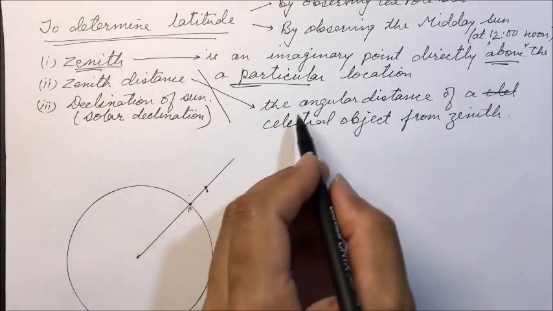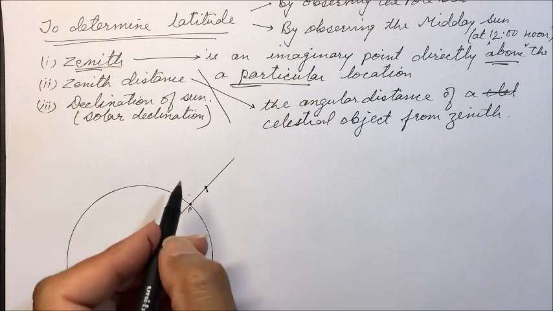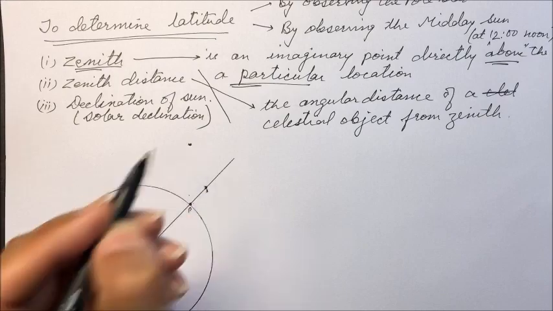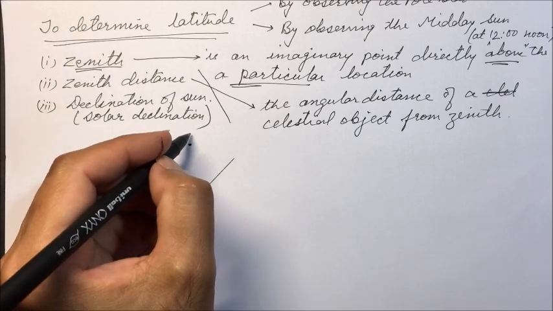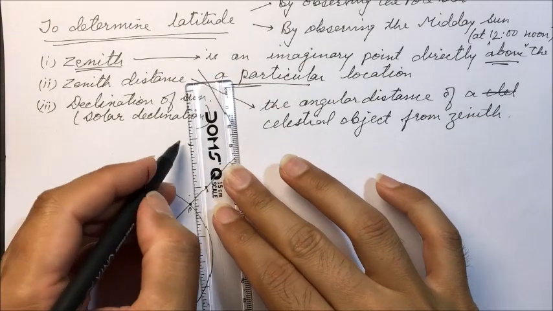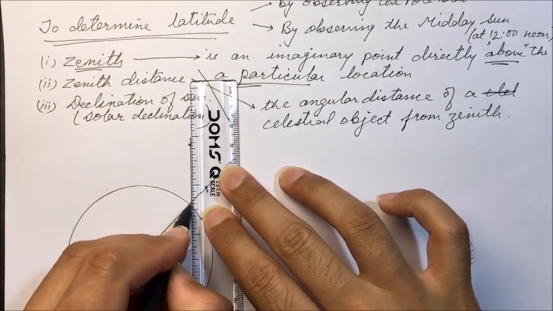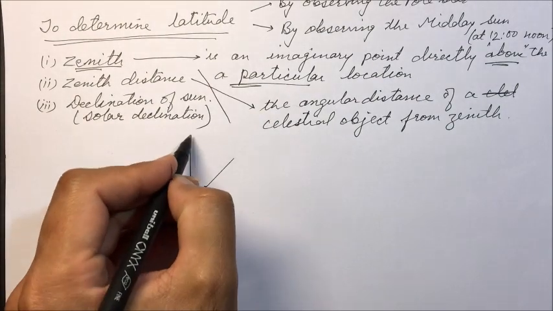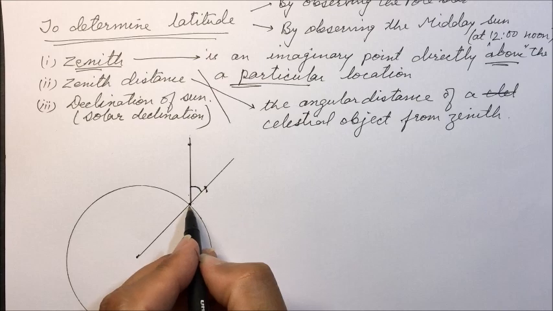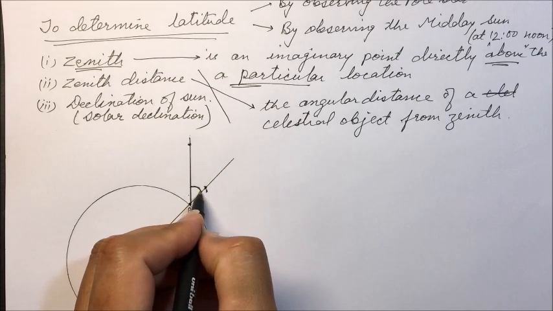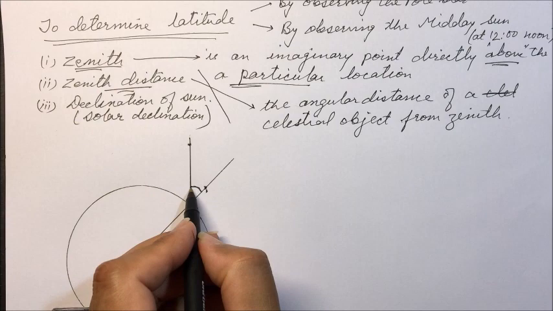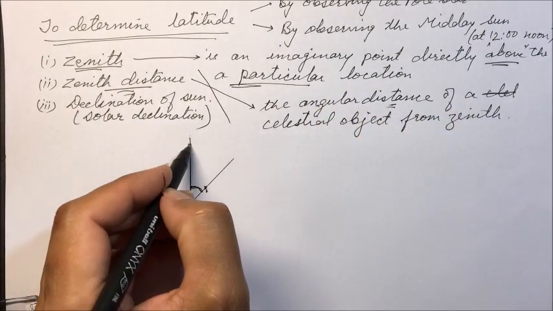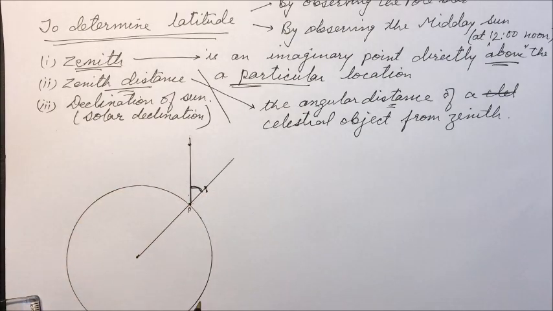So it is the angular distance of any celestial object. For example, this object we are observing, we are at location P and we are observing this object. So whatever angle is there between this line and the zenith point, this angle is called as zenith distance. So zenith distance is the angular distance of any celestial object from the zenith.